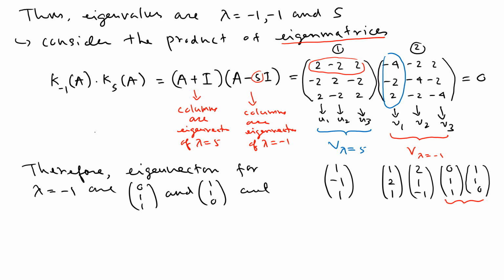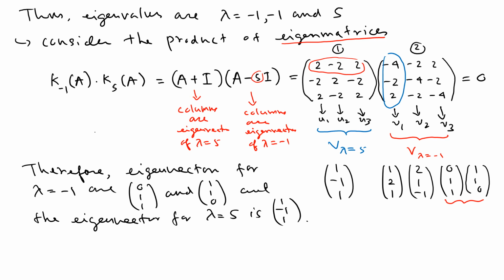Therefore, the eigenvectors for lambda equal negative 1 are these, and the eigenvector for lambda equal 5 is, you can pick just this one, 1, negative 1, 1, or any multiple of that.